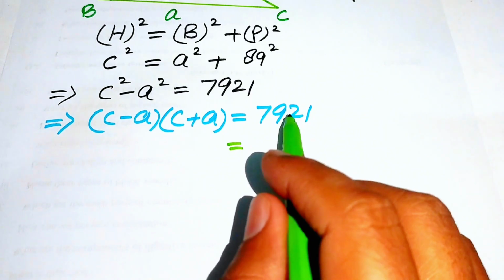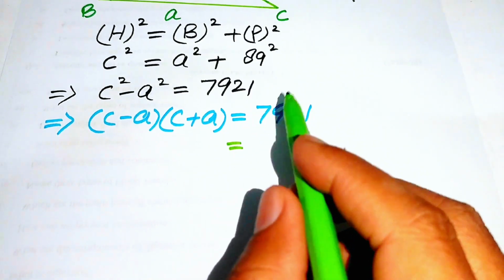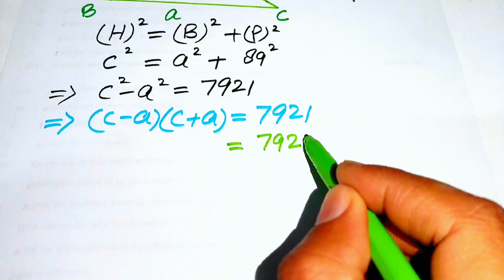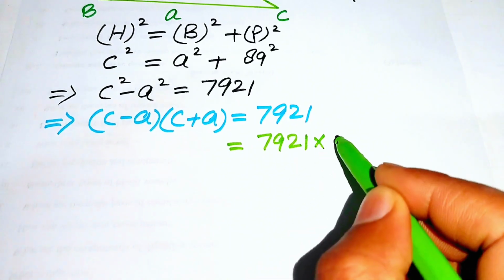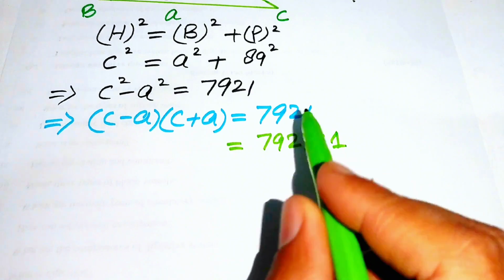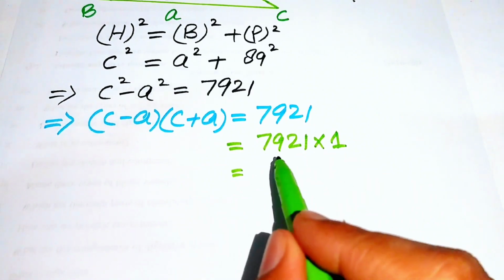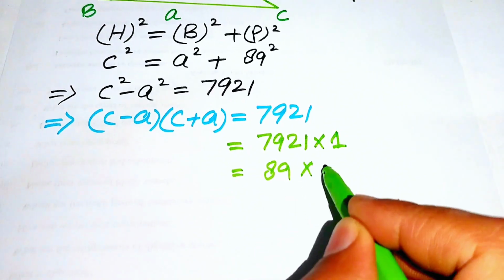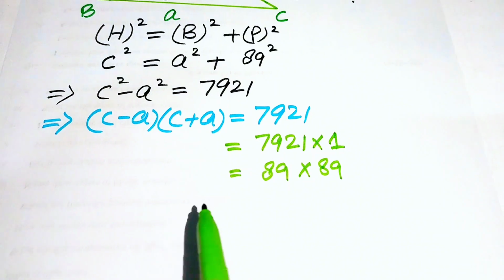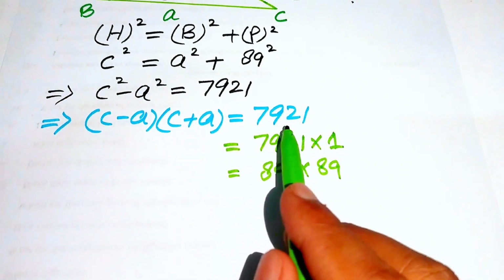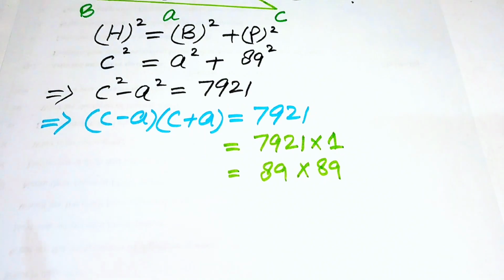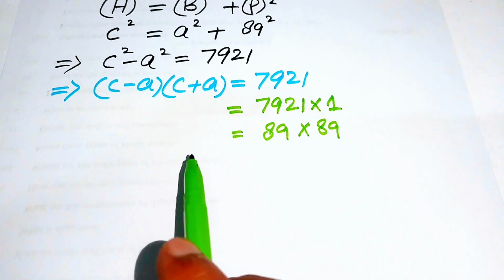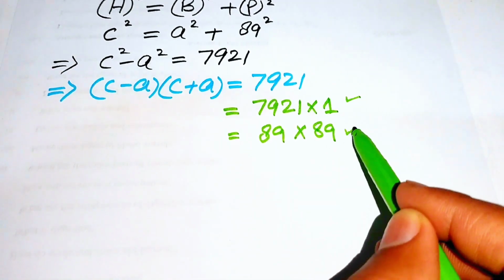The first choice is when we multiply 7921 by 1, then you get this value, and the second possibility is that 89 times 89 also becomes 7921. So here we convert this equation into two cases. This is our first case and this is the second case.